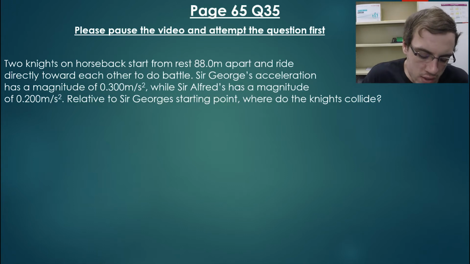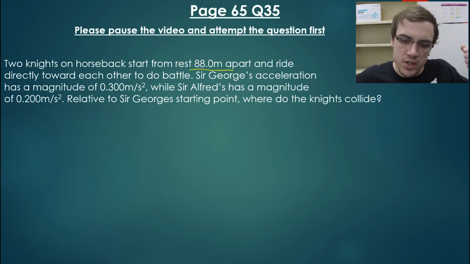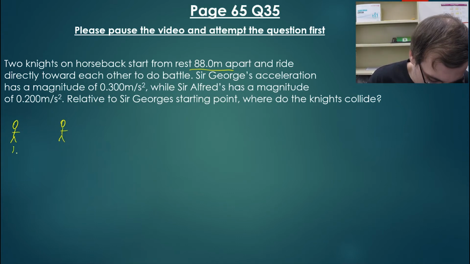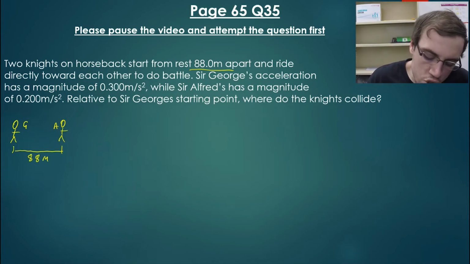So 2 knights on horseback start from rest 88 meters apart and ride directly towards each other to do battle. Okay, so they're wanting to sort of charge each other like jousting. So Sir George's acceleration has a magnitude, so that's how much, of 0.3 meters per second squared.